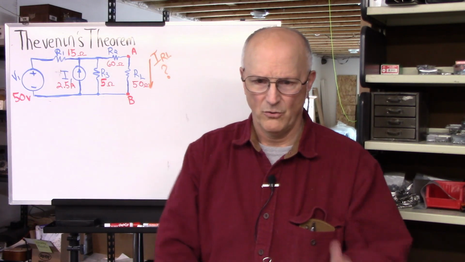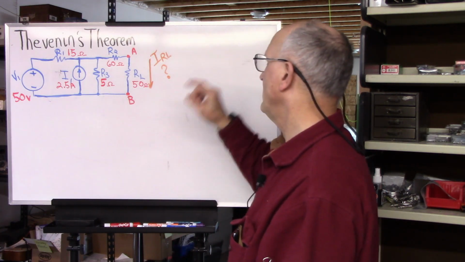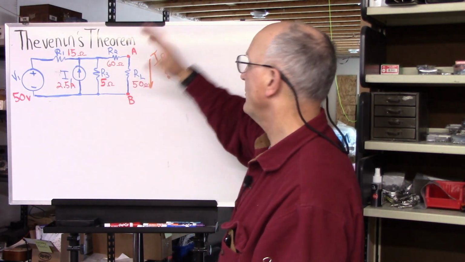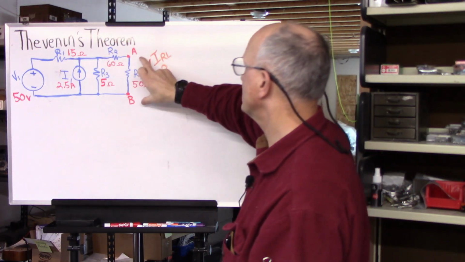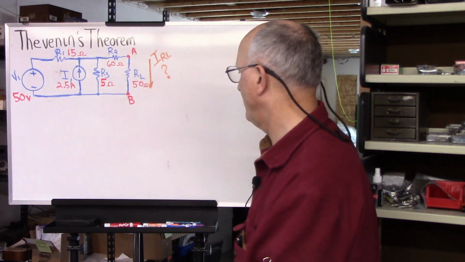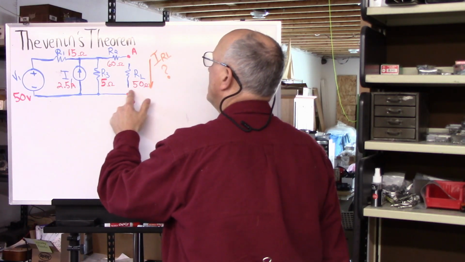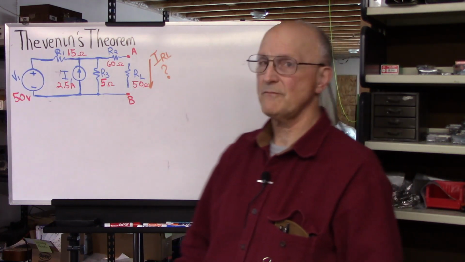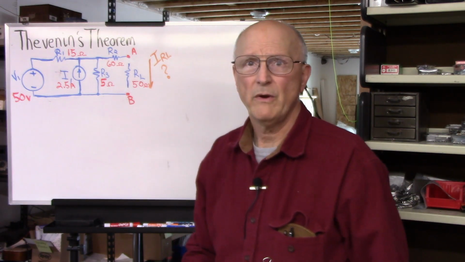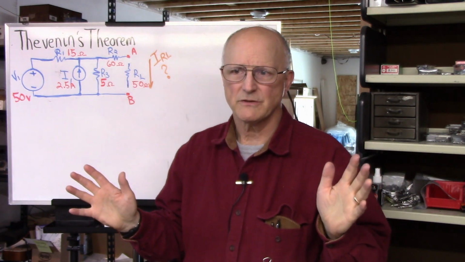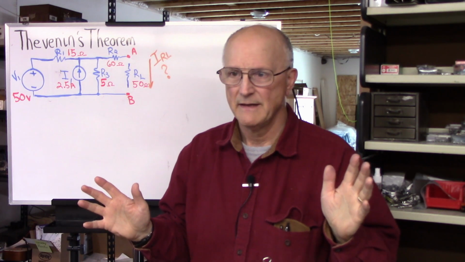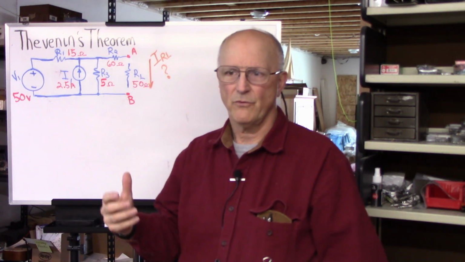Step one, we disconnect RL from everything. Remember, Thevenin's theorem requires A and B to be an open circuit. So that's the first thing we're going to do. We're going to disconnect our load resistor here. Step two, we replace all of the voltage sources with a short and all of the current sources with an open.